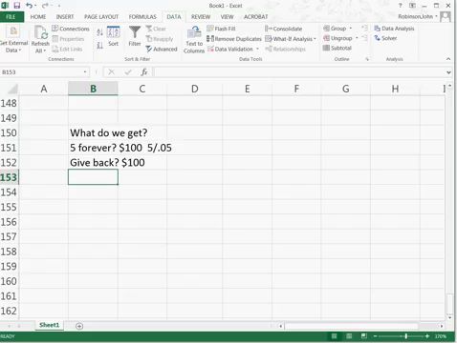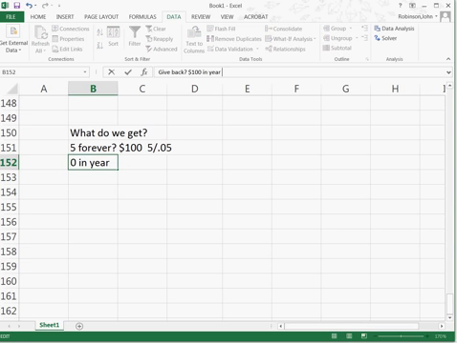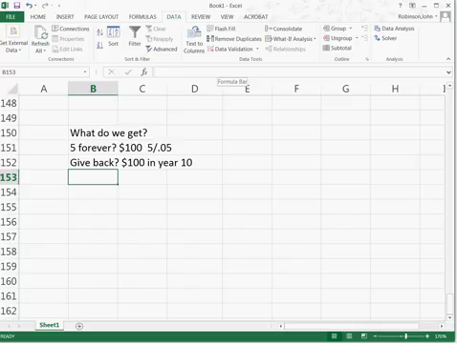So what am I giving back? Well, I am giving back 100, but the key is I'm giving back 100 in year 10. So we can think about the value of us getting this security as 100 in year 0 minus 100 in year 10. Now that's like saying 100 Ferraris minus 100 ketchups. You can't do it.